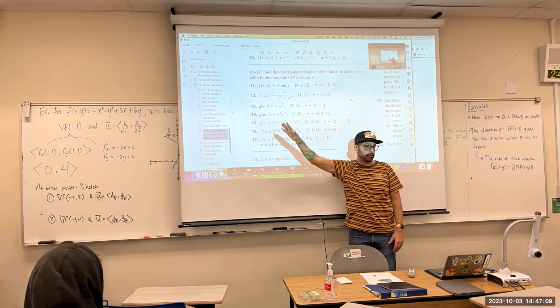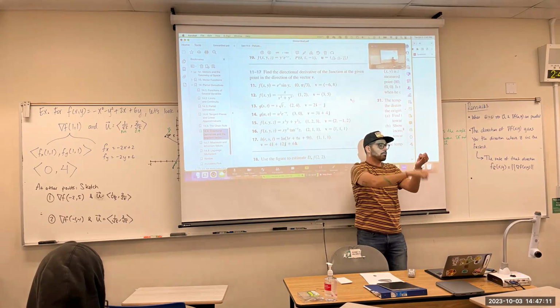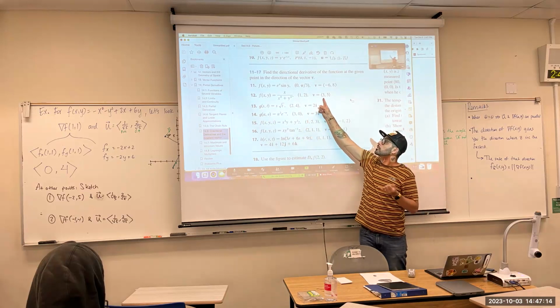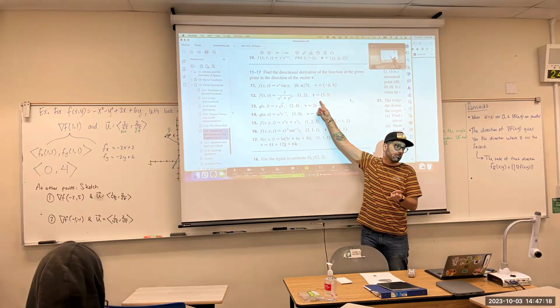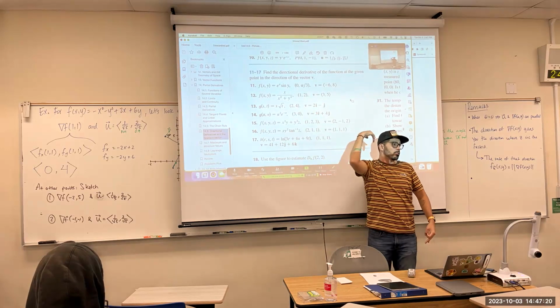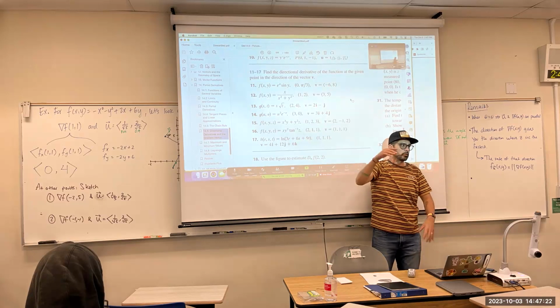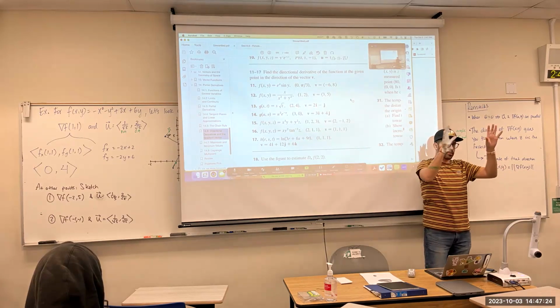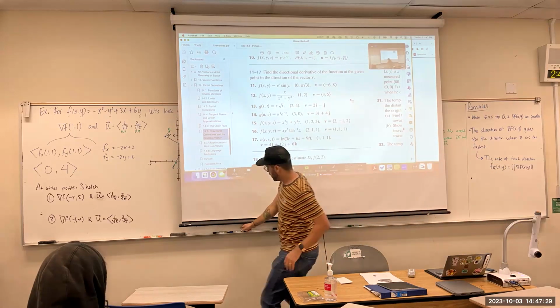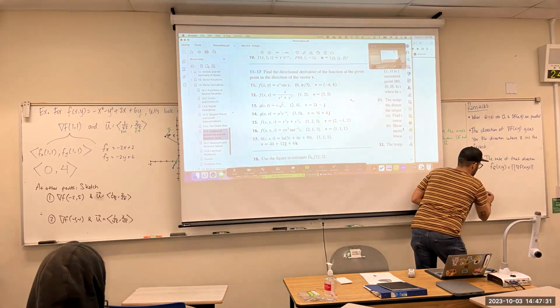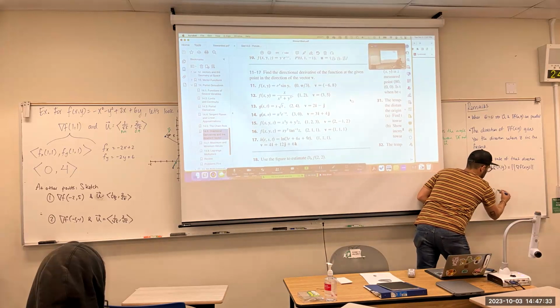That's what you did at the beginning of class. You need a unit vector. Is that a unit vector? No. So you normalize it and make it a unit vector. You take the partials. You use a theorem to find the directional derivative, which I erased. To find that, you're going to need to do this.